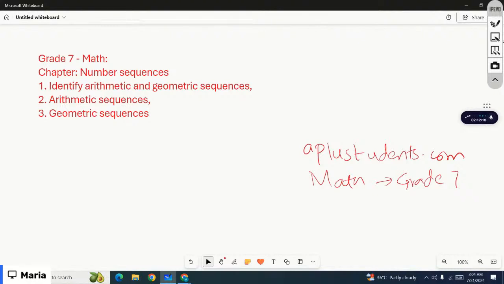We're going to start with the chapter Identify Arithmetic and Geometric Sequences. Then you have Arithmetic Sequences and Geometric Sequences. You can note down the important examples and definitions as well.